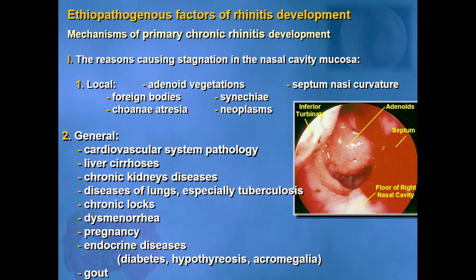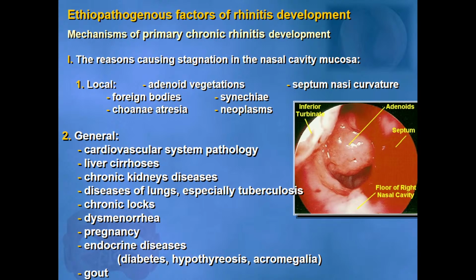It means the situation when mucociliary transport can't work properly, and the mucus stays in the nasal cavity for a prolonged period of time. So what factors can lead to such a situation? It's adenoid vegetations or adenoids, deviation of nasal septum, foreign bodies, synechia of nasal cavity, choanal atresia, and neoplasm.